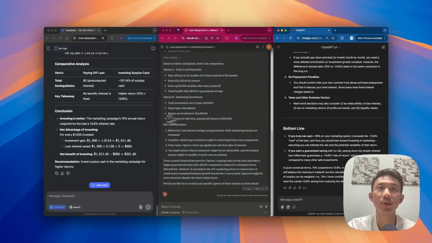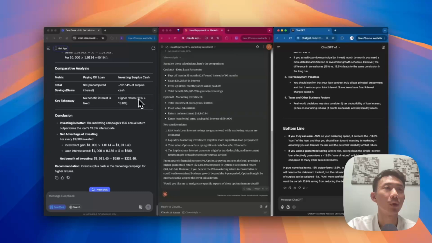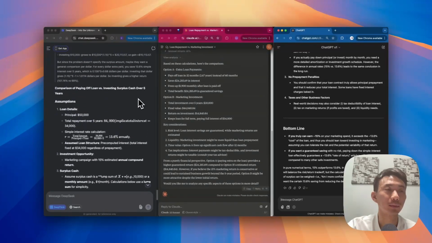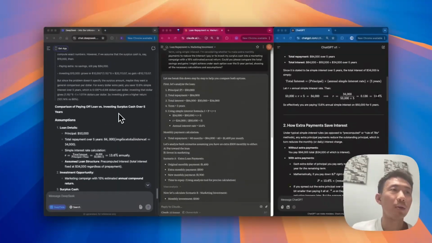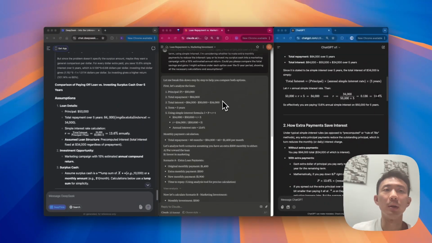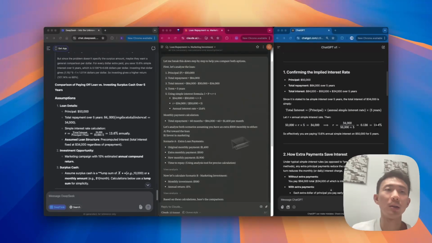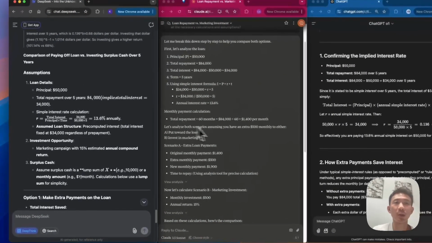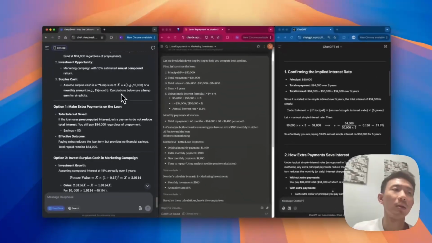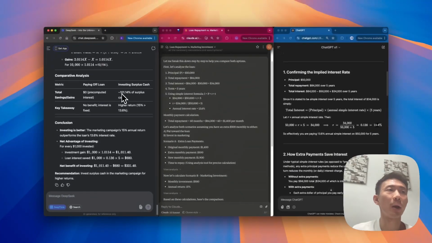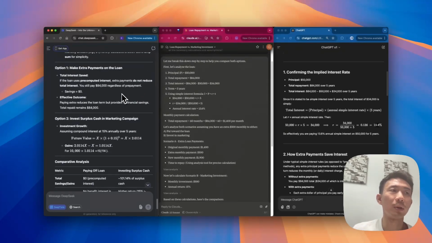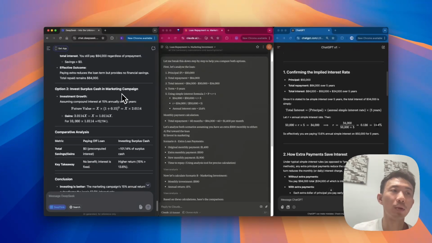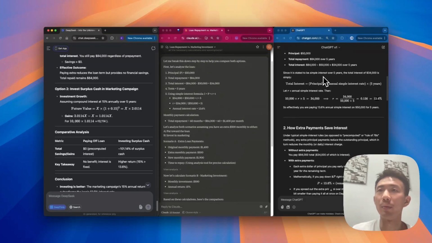Great, we got all the answers from all the 3 models. So let's quickly go through the answers provided by DeepSeek first. So I think all the answers provided by the 3 models are pretty correct, especially for the simple interest rate, 30.6%. It's just that the final analysis, which is comparing the saved interest and also the surplus cash, the investment growth, it should be more correct for DeepSeek and for GPT-o1.